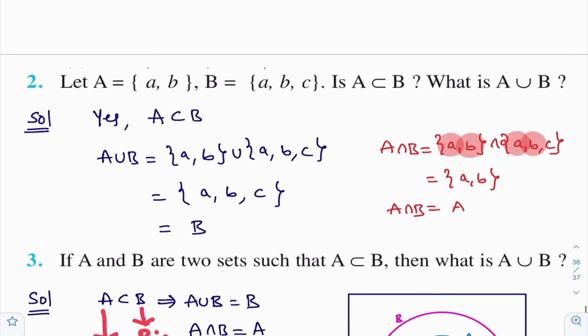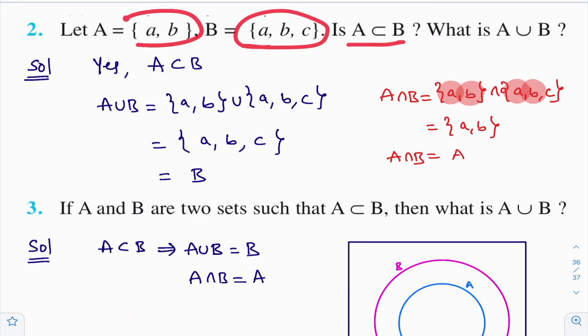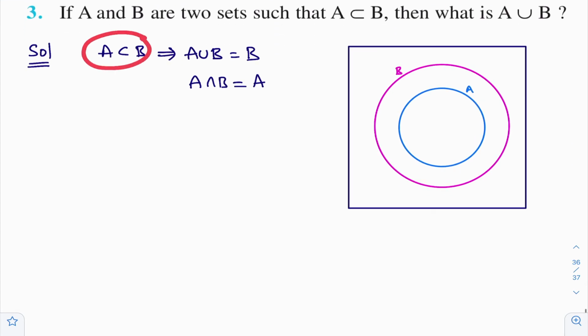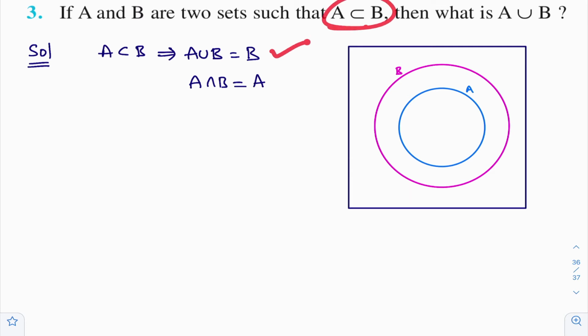For example, in this case, A is a subset of B, yes. When you do their union, you will get the bigger set. When you do their intersection, you will get the smaller set. All these things work when A is a subset of B. So you learn two important points: when A is a subset of B, A union B is B, and A intersection B is A. I hope you understand this.